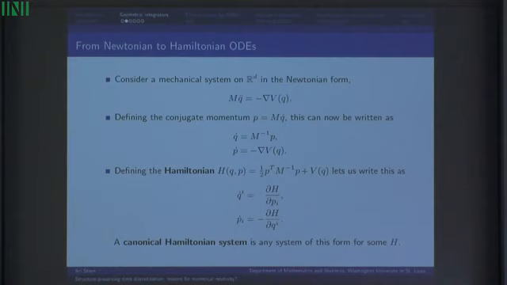The canonical is important. There are other types of Hamiltonian systems that have different types of structures or different Poisson brackets and things like that. And I'm specifically here looking at the canonical structure on R^2d. And these can be defined for any function H, not just the kinetic plus potential Hamiltonian.